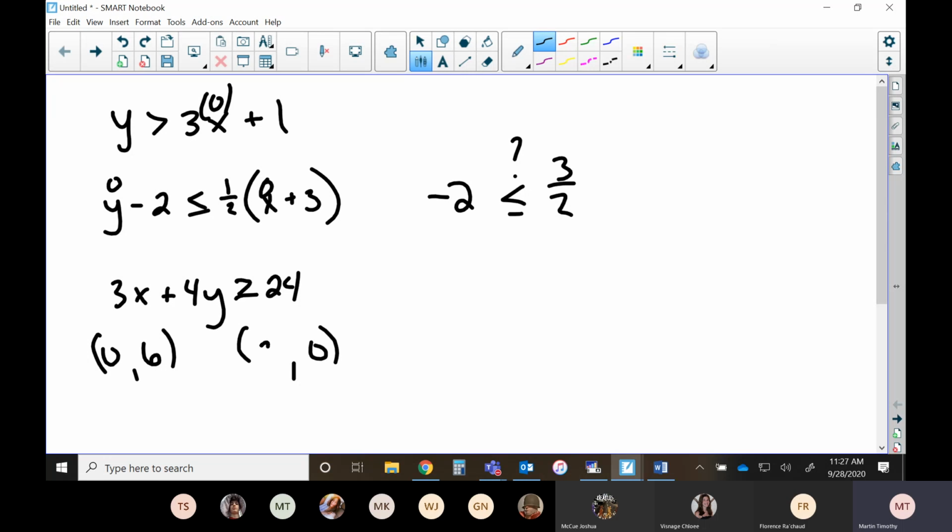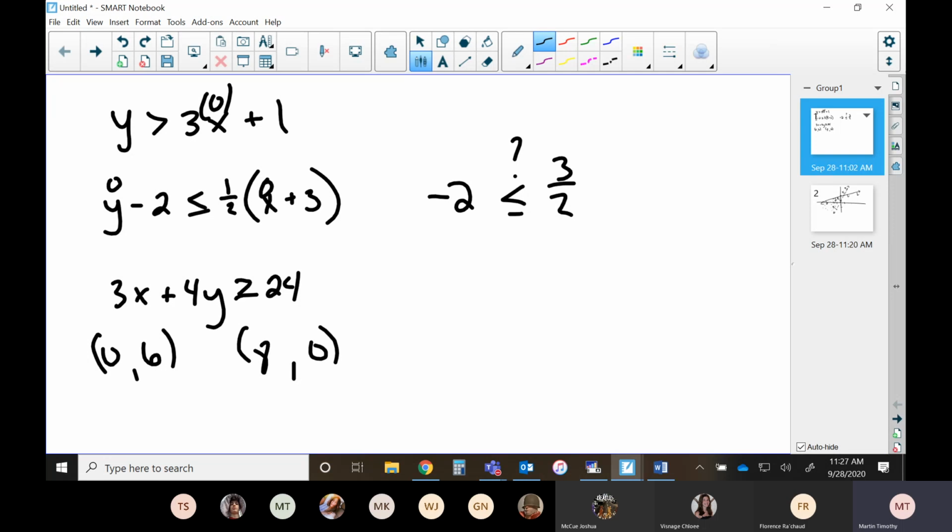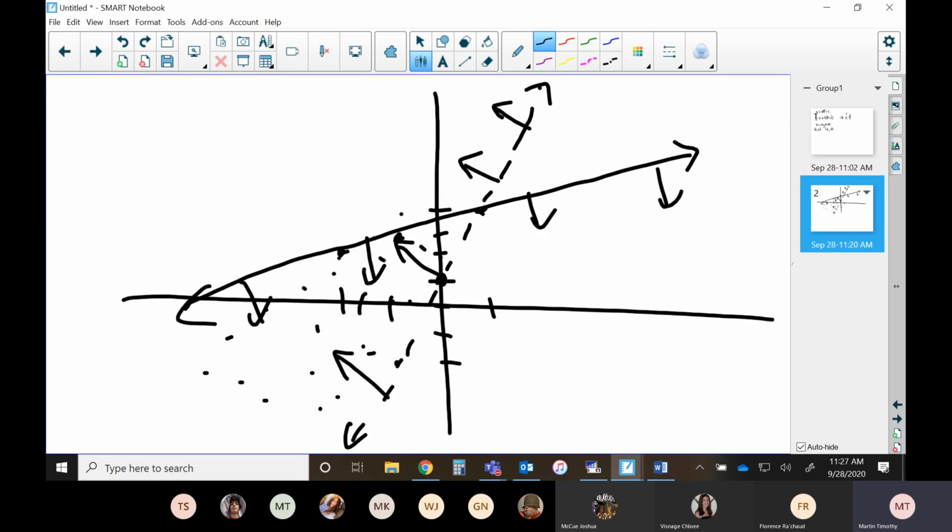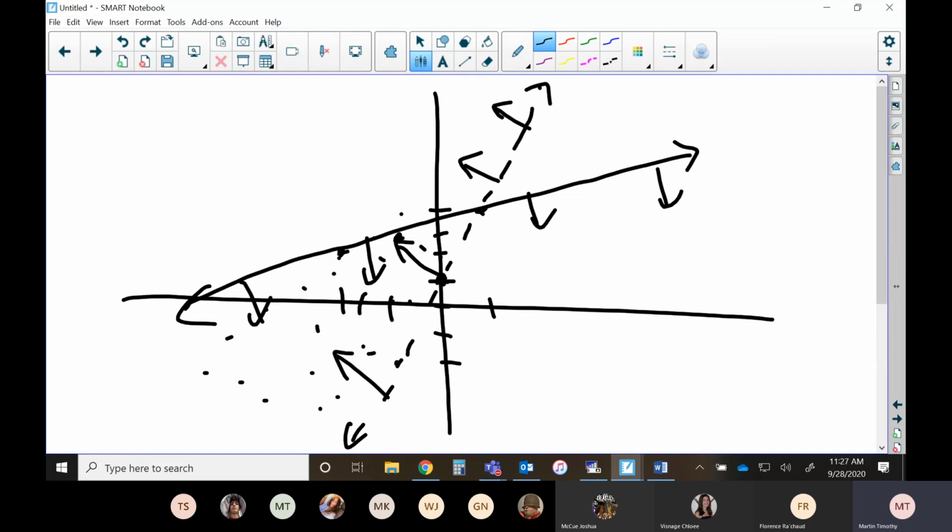When this is 0, yep, so 6 and 8. So those are my 0, 6 and 8, 0. So 1, 2, 3, 4, 5, 6, and then 1, 2, 3, 4, 5, 6, 7, 8, and it's going to go like that. So really the third graph is not doing much, is it?